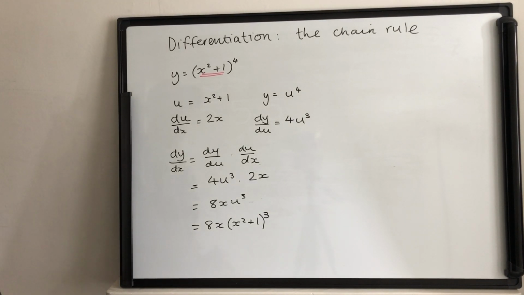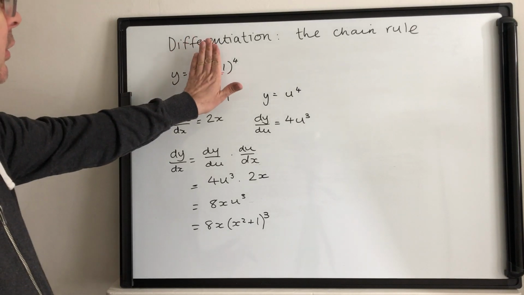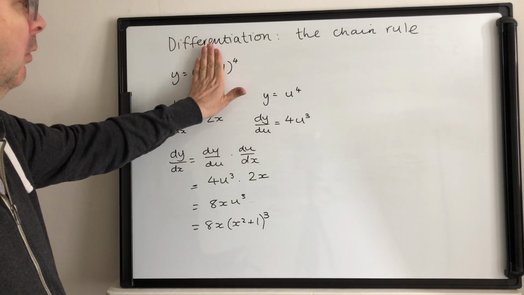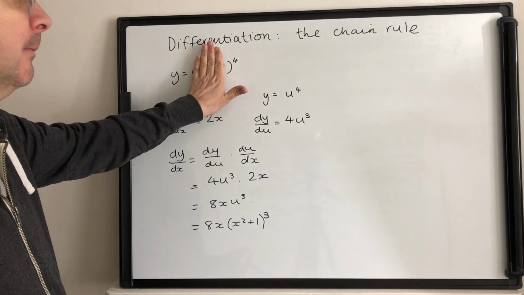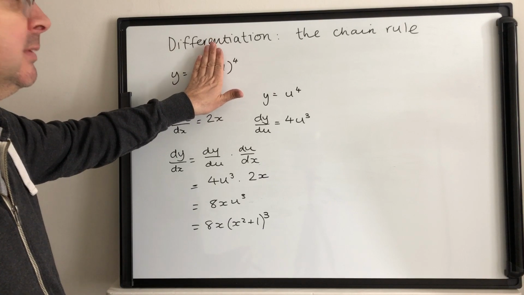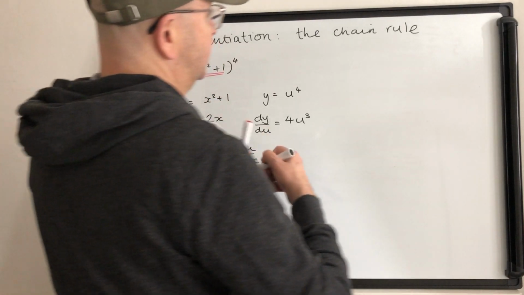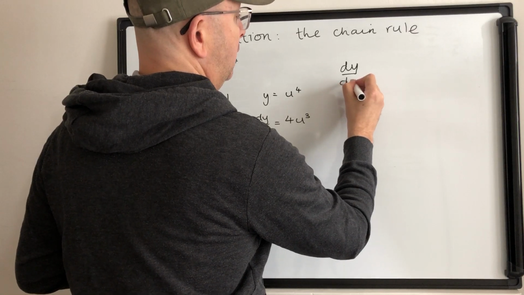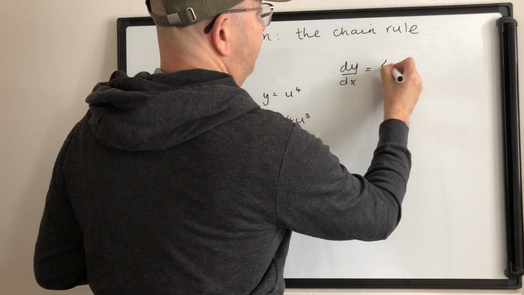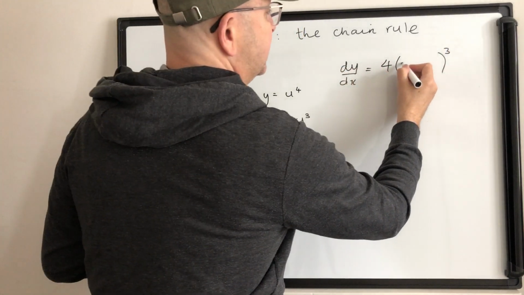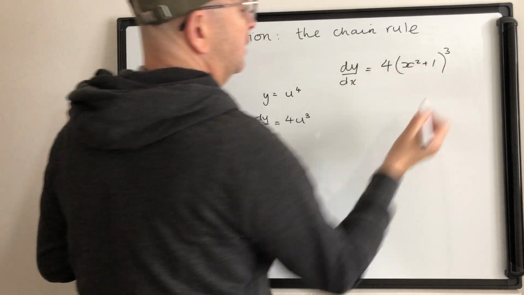So the quick method is this. I prefer my students to put their finger, or in this case my hand, over the middle of it. So you don't change that at all, and you imagine you've got something to the power of 4. So what's that going to be? Well, something to the power of 4 will give you 4 something cubed, and you keep that thing inside, you don't change it.